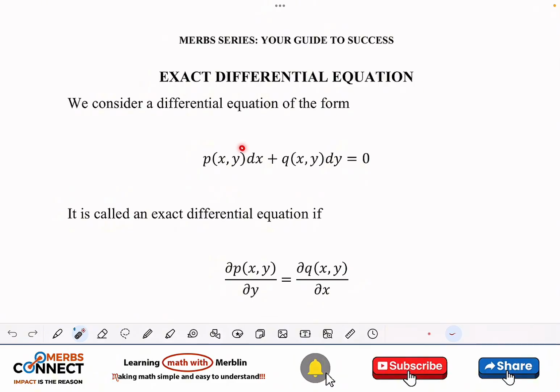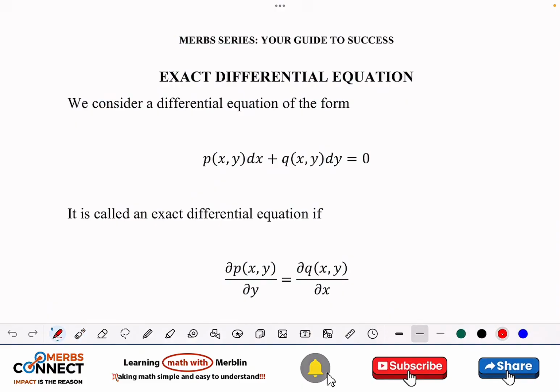Now, with the exact differential equation, we are saying that if we cannot do separable, if we cannot have it homogeneous, then we should have a function P of x and y such that I can multiply by dx, and then K in terms of x and y such that I can multiply by dy.